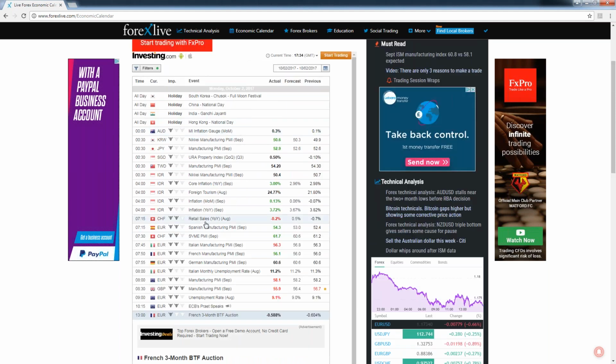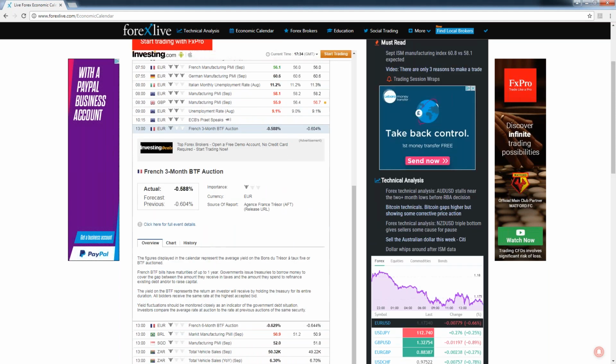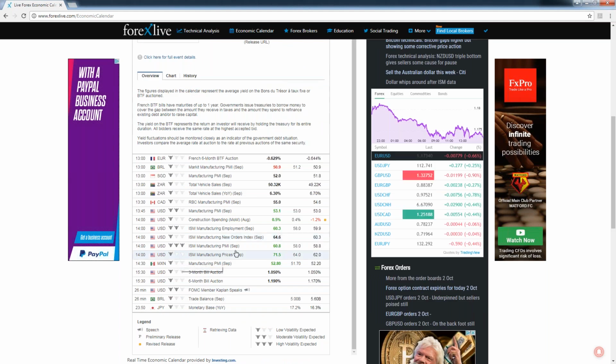Today's manufacturing data outperformed the market, outperformed expectation. The expectation was 62, it came in at 71.5. And the actual headline number, manufacturing prices, is the actual PMI number: 60.8 as opposed to 58.8. Sorry about that, so 58.8 expected and actual was 60.8. So that outperformed the expected, and that shows good potential growth.